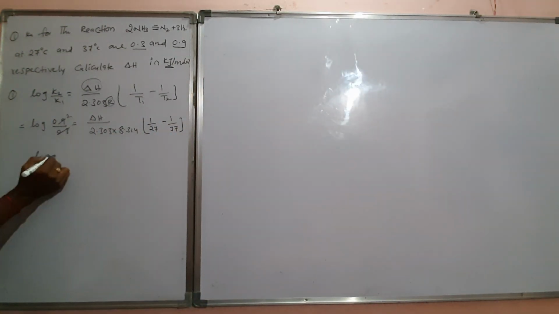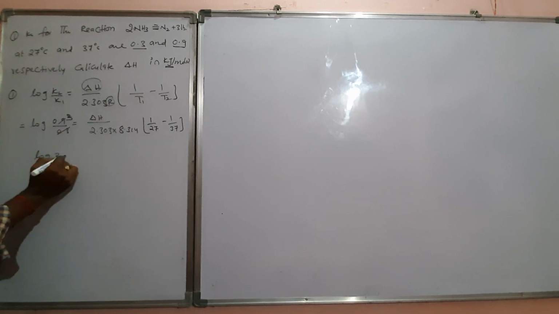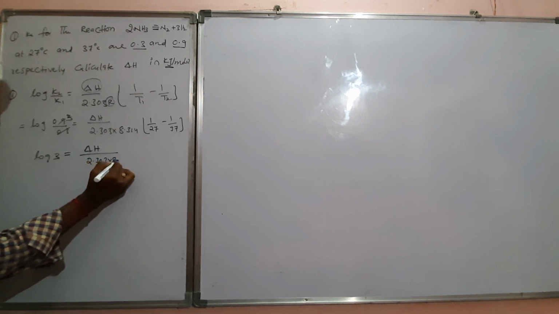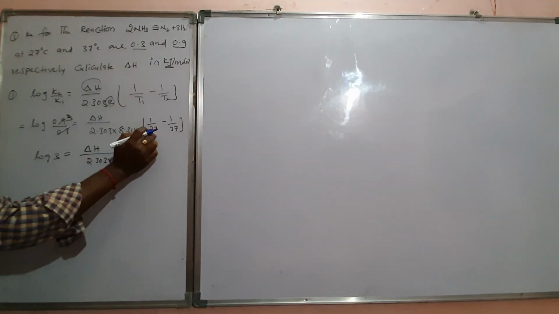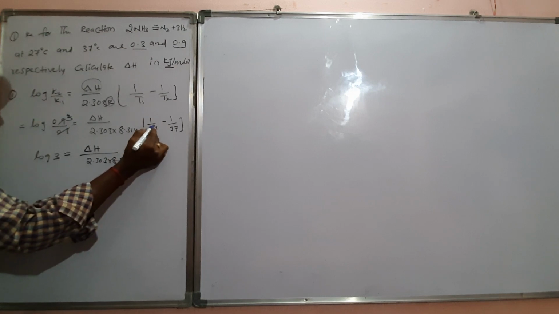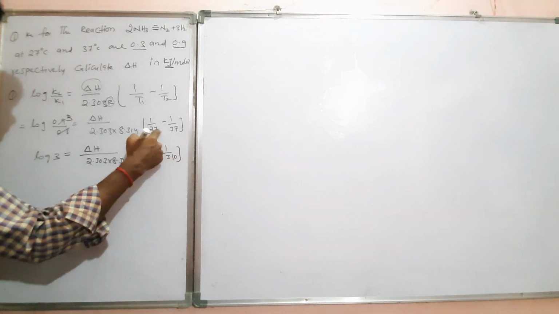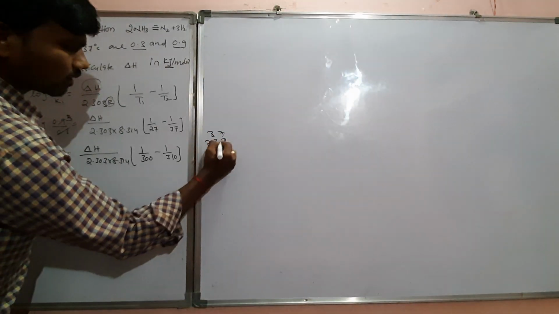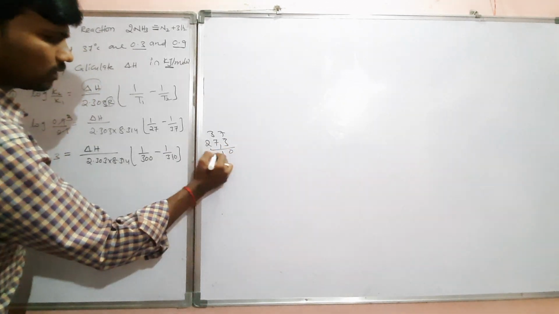So log 3 is equal to delta H by 2.303 into 8.314 into 1 by T1 minus 1 by T2. The temperatures are given in degrees centigrade, so we have to convert to Kelvin by adding 273: 27 plus 273 is 300 and 37 plus 273 is 310.